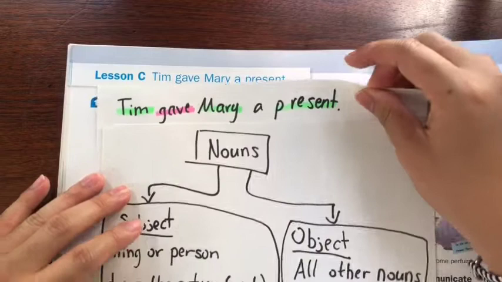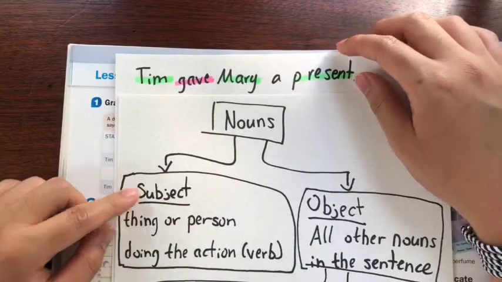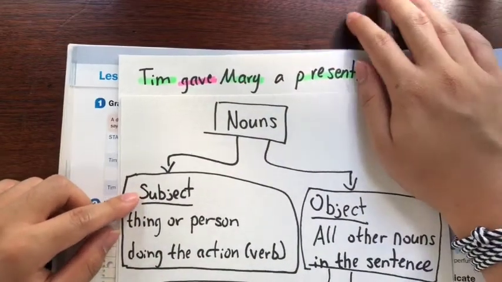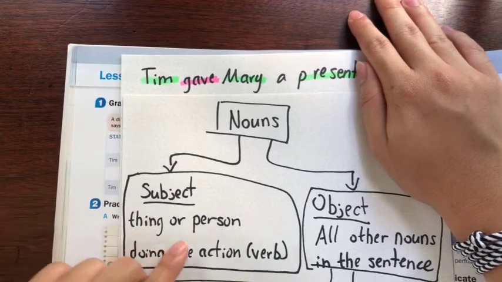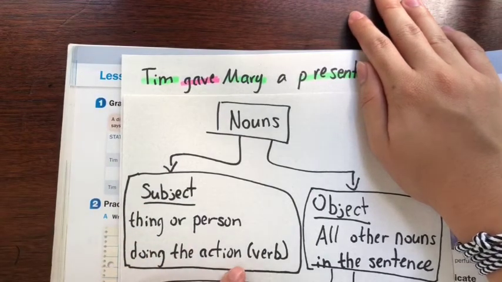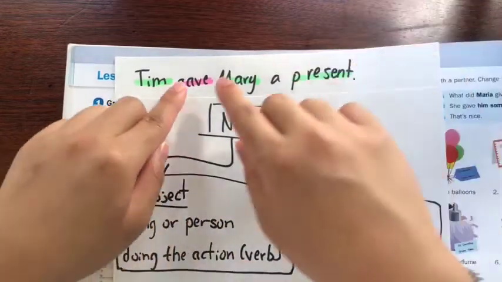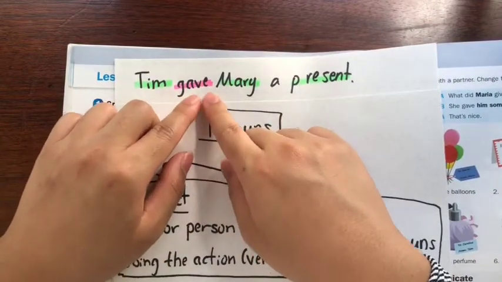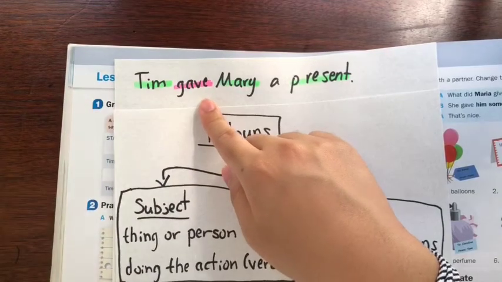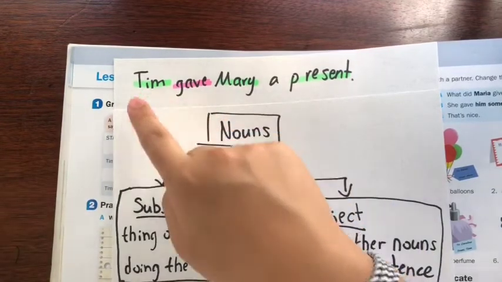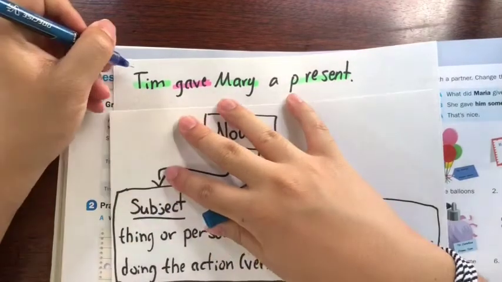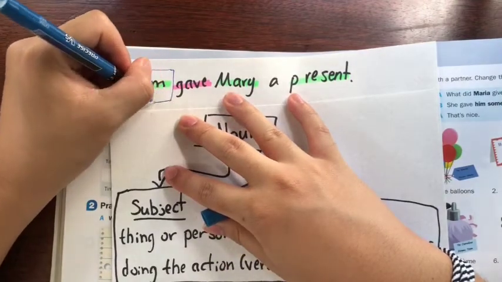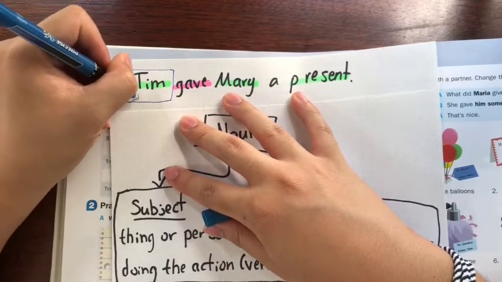Let's identify the subject. The subject is the thing or person doing the action or the verb. The verb is gave. Who gave? Tim. So Tim is the subject.